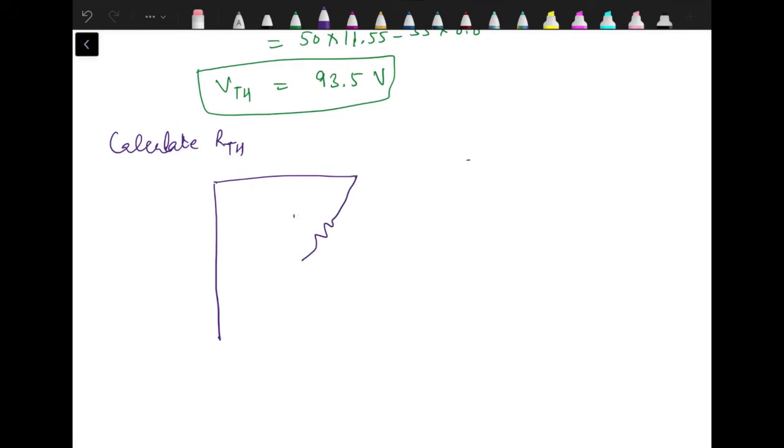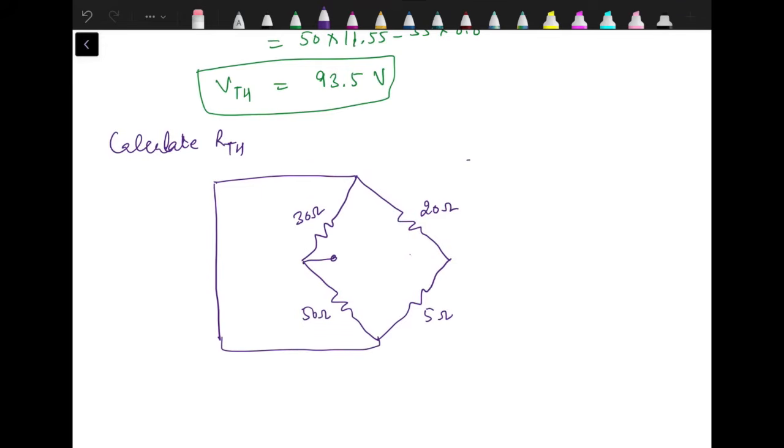Here we have the 30 ohm resistance, 20 ohm, 5 ohm, 50 ohm, and we need to remove this 24 ohm resistance, that is RL, and calculate RTH between these two terminals.